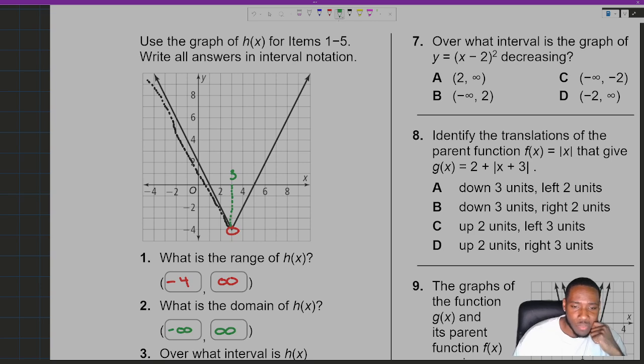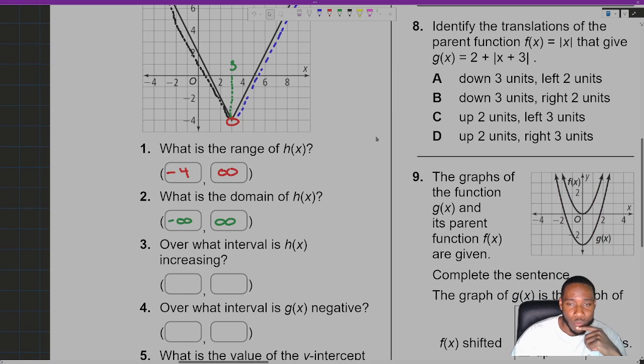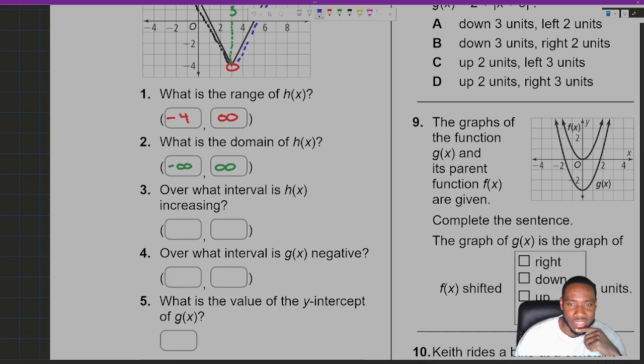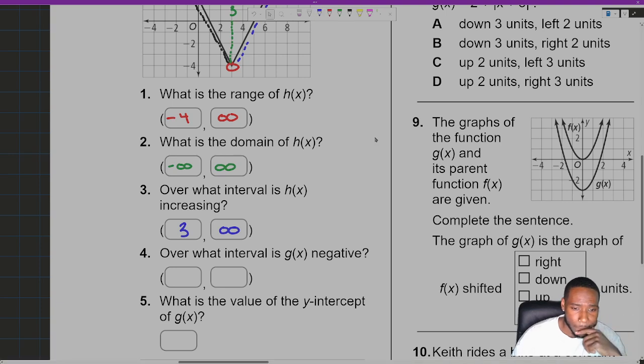And once the graph hits 3 on the x-axis, we see that it starts to progress upwards. And it continues to do that, based on what this arrowhead tells us, towards infinity. So if we're going to answer over what interval the graph is increasing, we're going to say it's increasing from where x is 3 to where x approaches infinity.